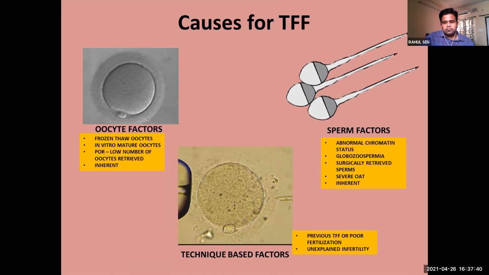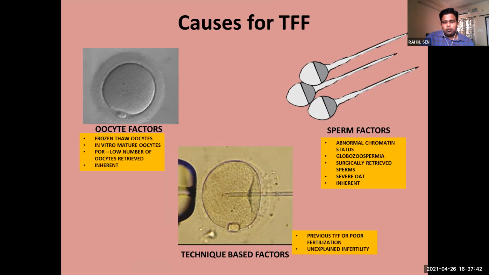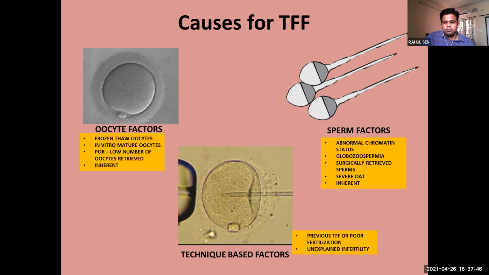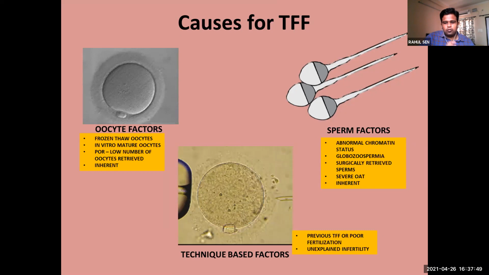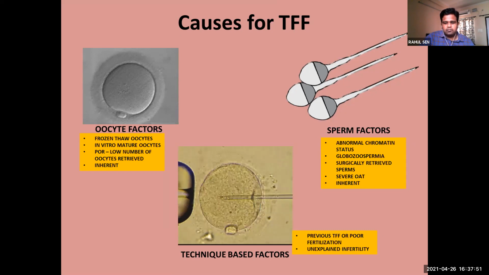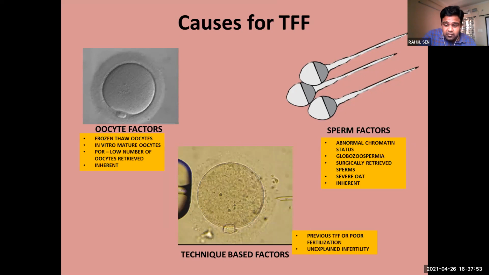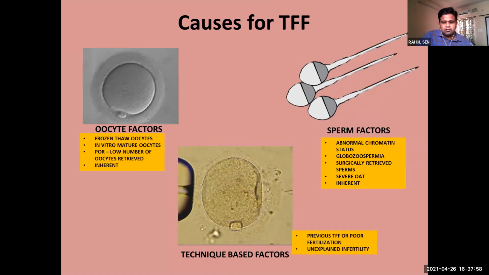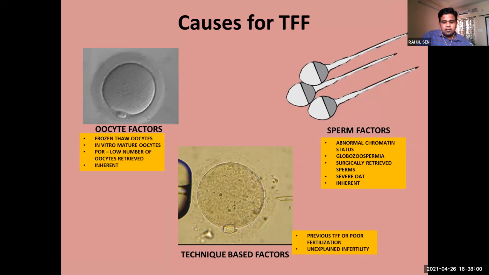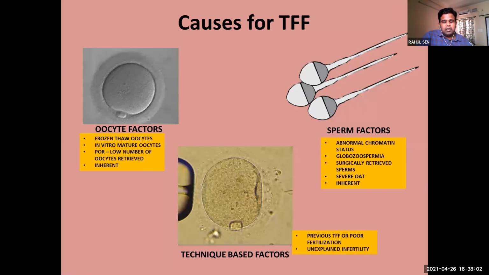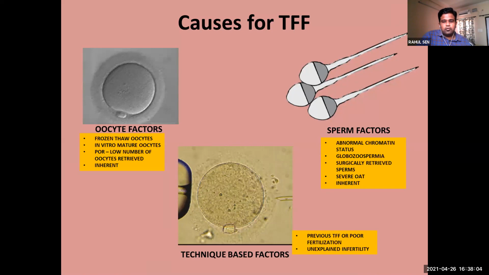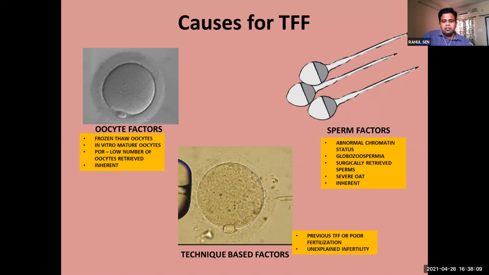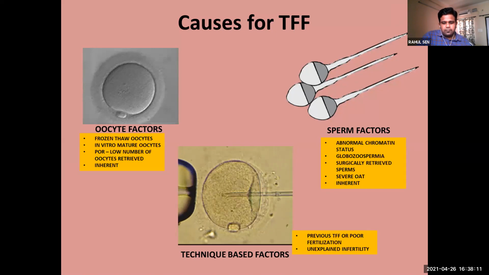Same with the sperm factors. If the sperm chromatin status is abnormal, a complete globozoospermic sample, where globo or round-headed sperm are seen in the ejaculate. If the sperm are surgically retrieved, or if the male partner is suffering from severe OAT, that is an oligoasthenoteratozoospermic sample, and again a genetic defect if it is there.